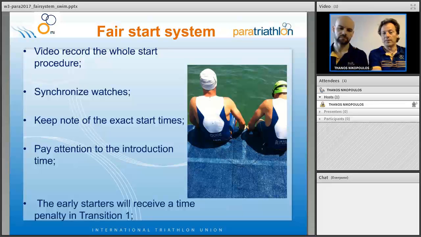Someone has to keep a manual note of the exact start times in order to be able to assess any situation or issue that may arise, and then coordinate with sport presentation to pay attention to the intro times of the athletes. If there is any violation of the start time, there's a penalty in transition one. Up to now, we've never had a violation in this, so it has worked very smoothly, and we hope that it continues in this way.